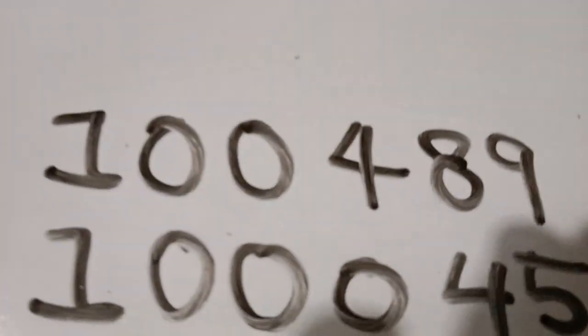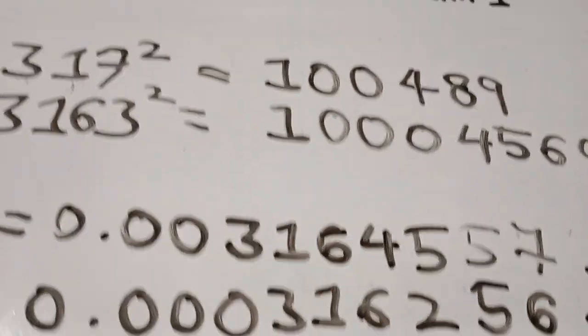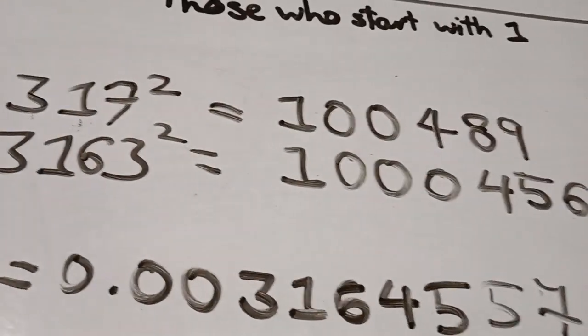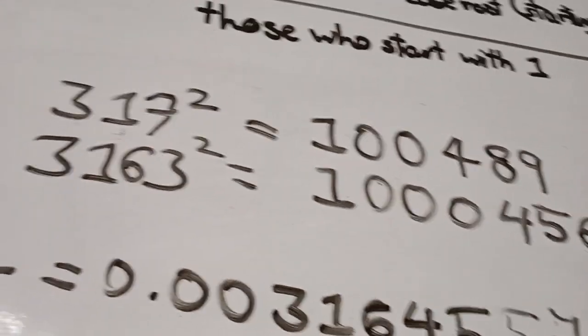Like so, 317 has 100 and 1000 respectively, but soon the number gets increased by 10.